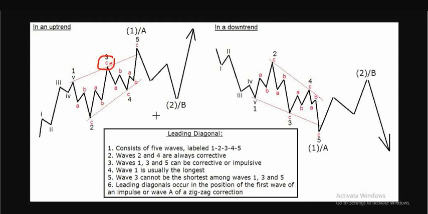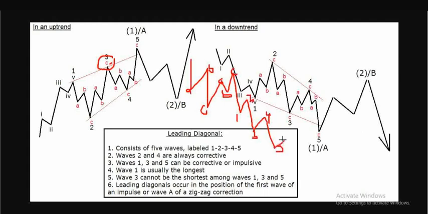For those of you that know what a zigzag correction is, it is a 5-3-5 formation. That's what a zigzag is, and I can label this as A, B, C, and the first wave as 1, 2, 3, 4, and then 5 there. So it oftentimes appears on the first wave of an impulse or wave A of a zigzag.